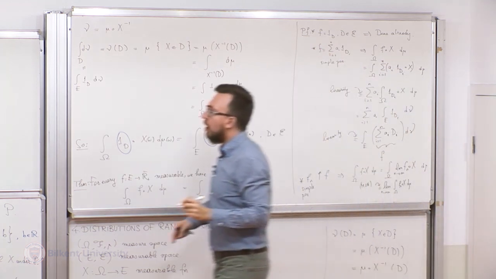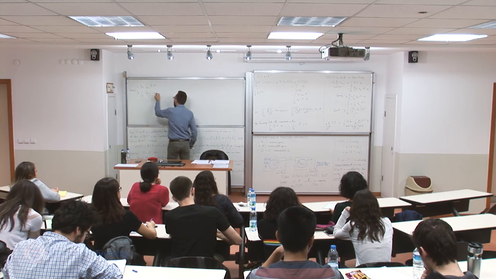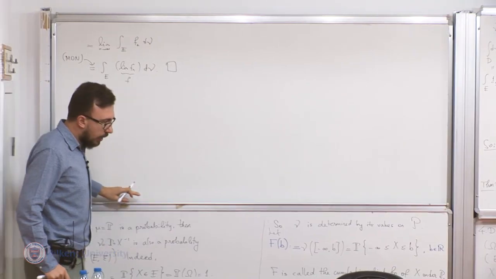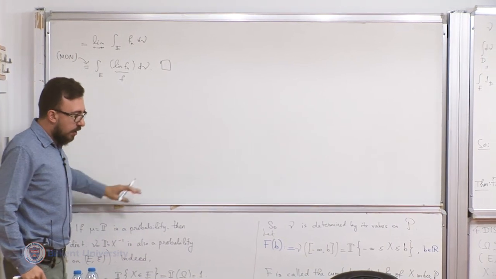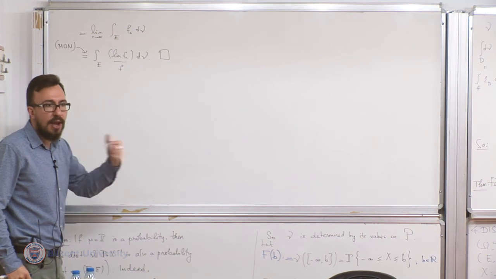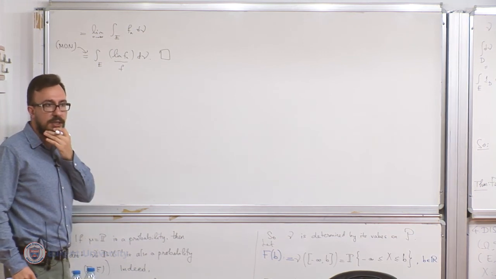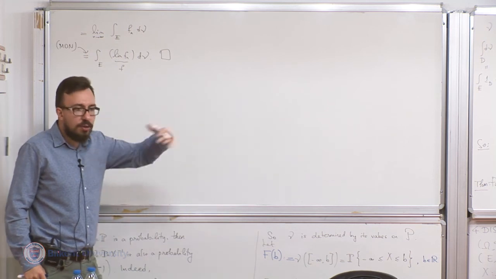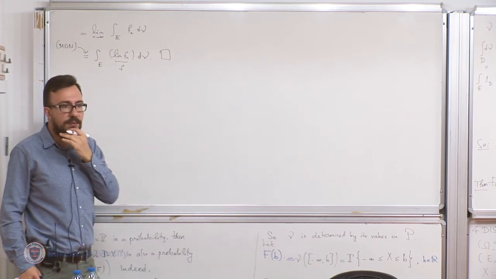So we're done. Why don't we stop? Why do we stop at this point? And why don't we talk about general functions with positive and negative values? Well, you can do it, but then you have to impose integrability conditions. So usually the natural point to stop is positive measurable functions.